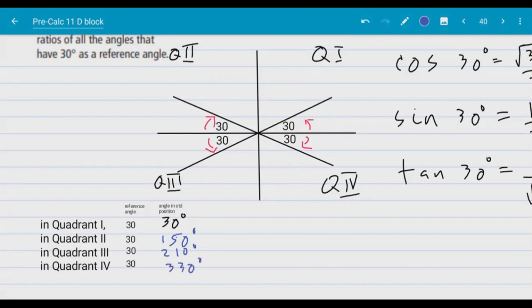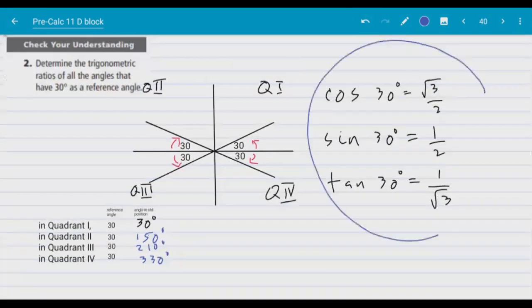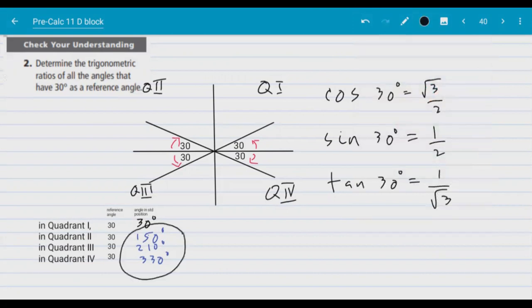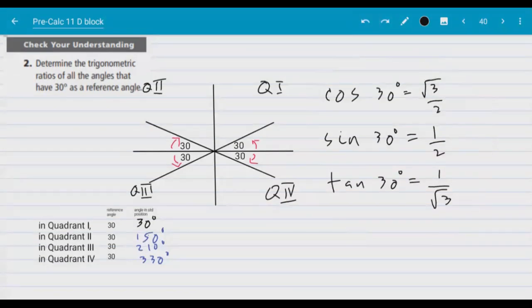Now, how do you make use of the reference angle again? Why did I even bother to write all of these? Because, guys, the trig ratios of these angles here would have the same values as these ones, except that they would probably have different signs depending on which quadrant it is.